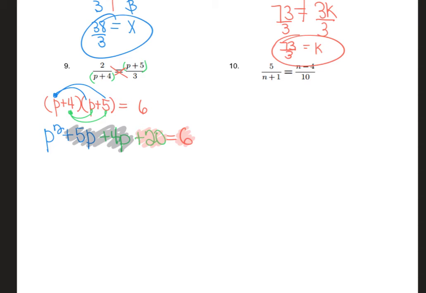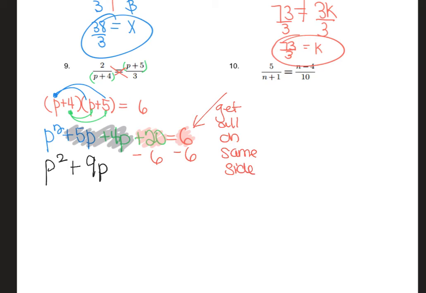So I can write p squared plus 9p, and then here I have to subtract the 6 from both sides because I have to get everything on the same side. So when I do that, I get p squared plus 9p plus 14 equals 0.